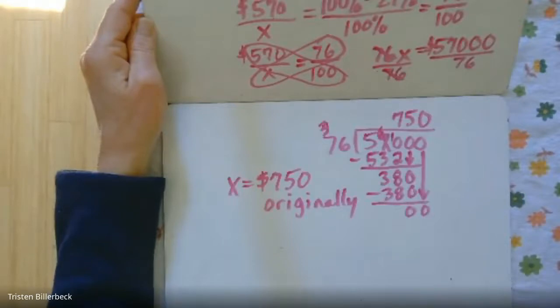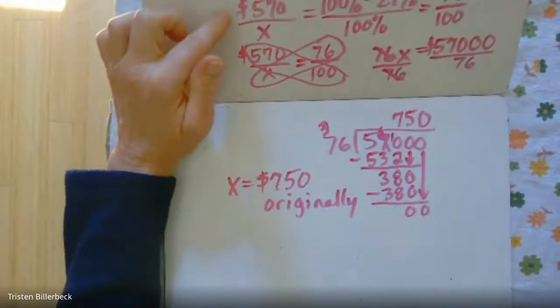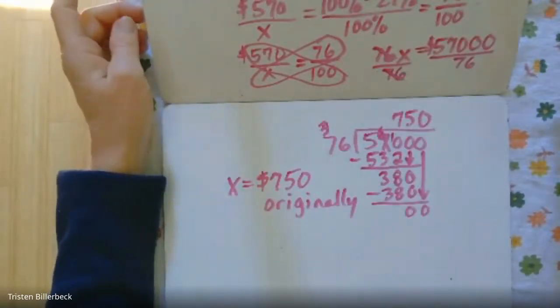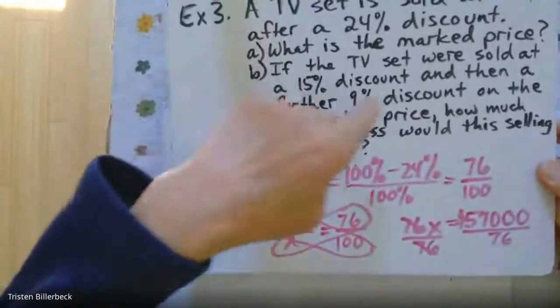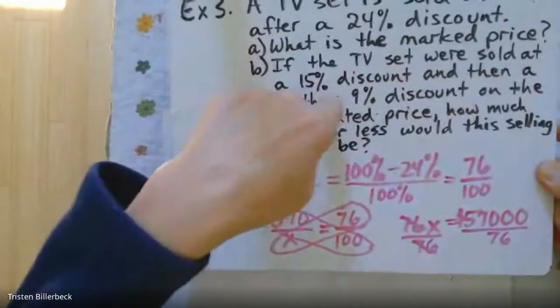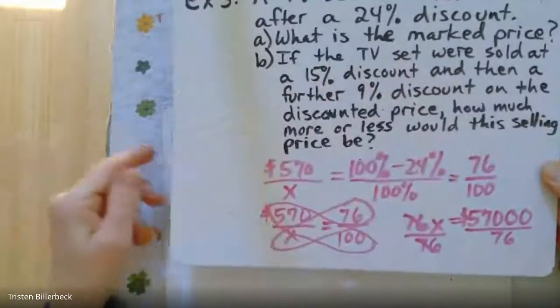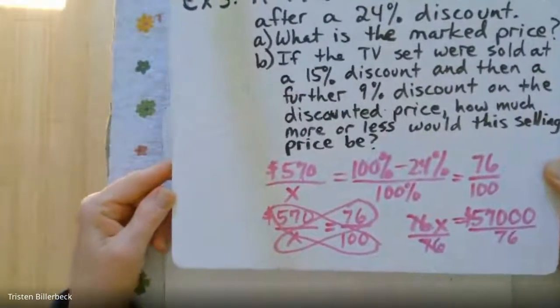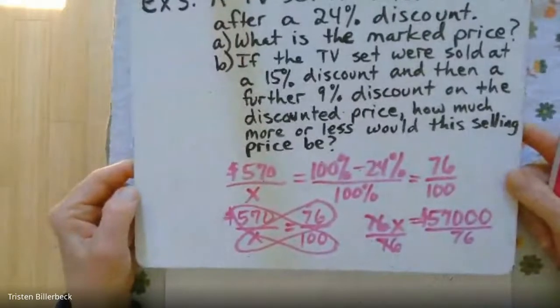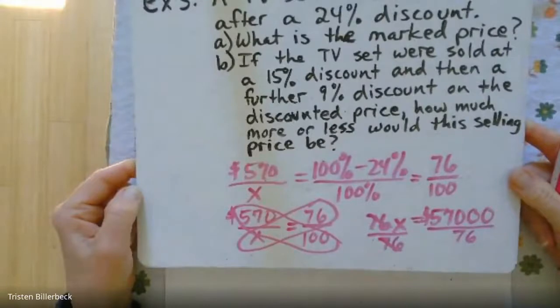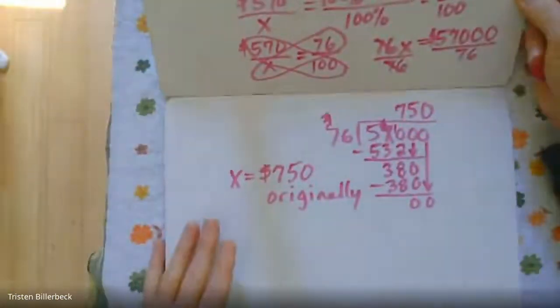Okay, so at first glance, you might think it's just going to be $570. But they tricked you. They said if the TV set were sold at a 15% discount and then a further 9% discount on the discounted price, ooh, that's pretty tricky. That means it's going to be more than a 24% discount. Okay, they're hiding it. So let's look at what it is.